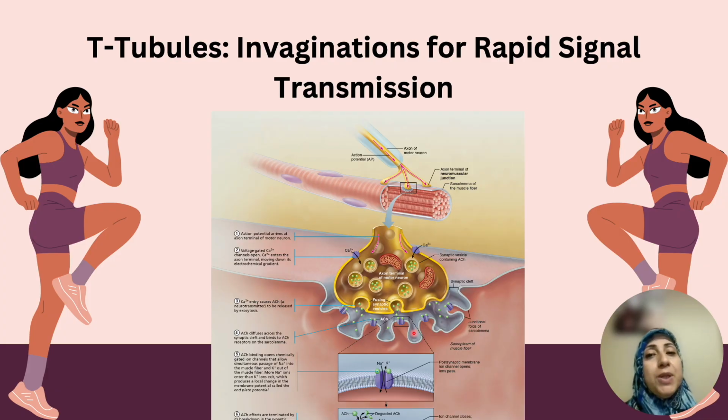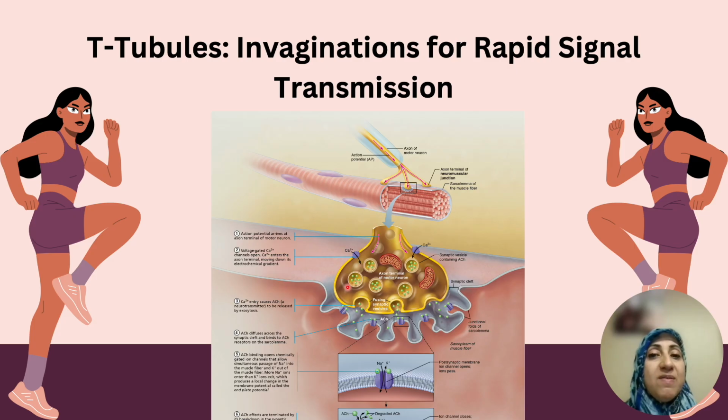When an action potential travels along the sarcolemma and down the T-tubule, it triggers the release of calcium ions from the SR into the cytosol, the aqueous component of the cytoplasm of a cell. That helps to have the excitation-contraction coupling.